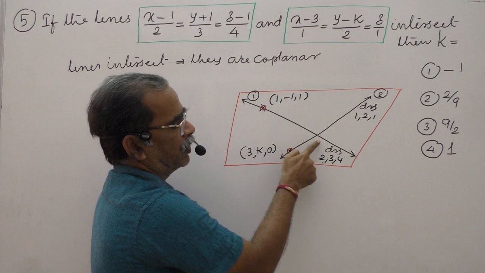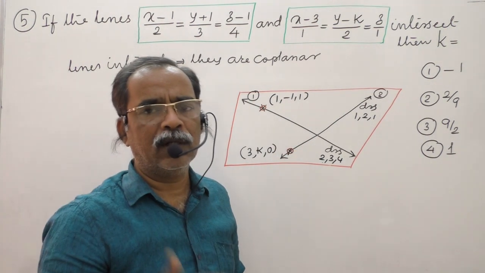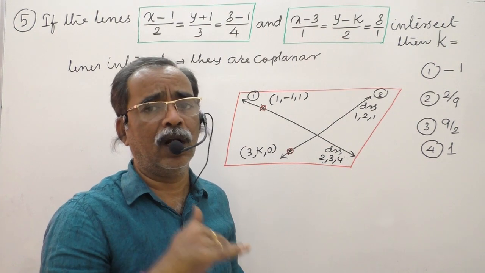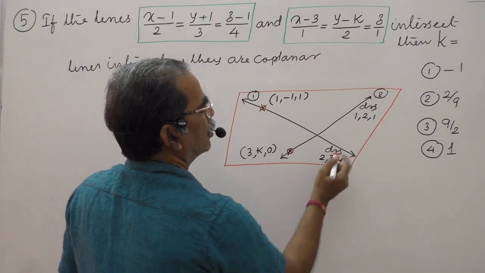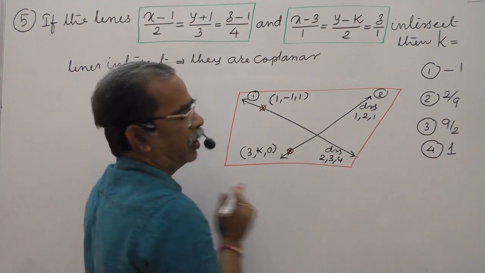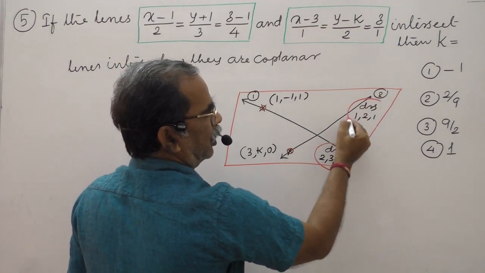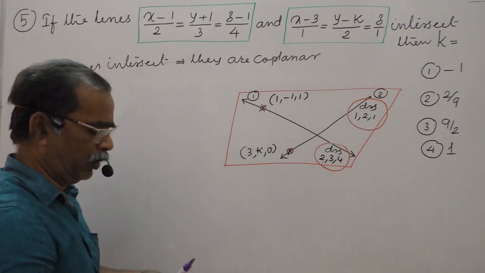DRs of a line means, in vector algebra, nothing but a vector parallel to that line. So this is a vector. All these things lie in the same plane. Another DR is there. This is also a vector. Two vectors are there in the plane.